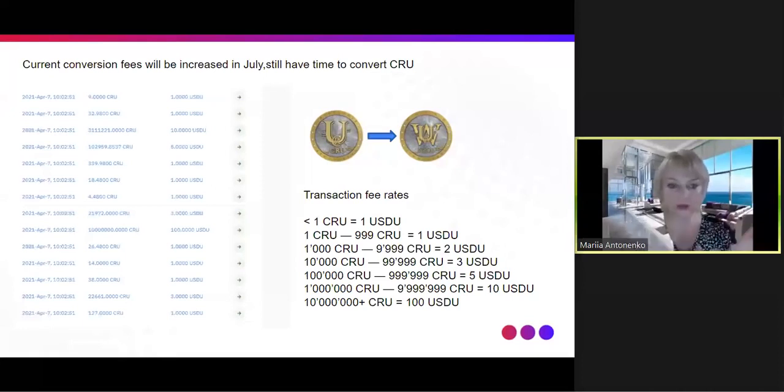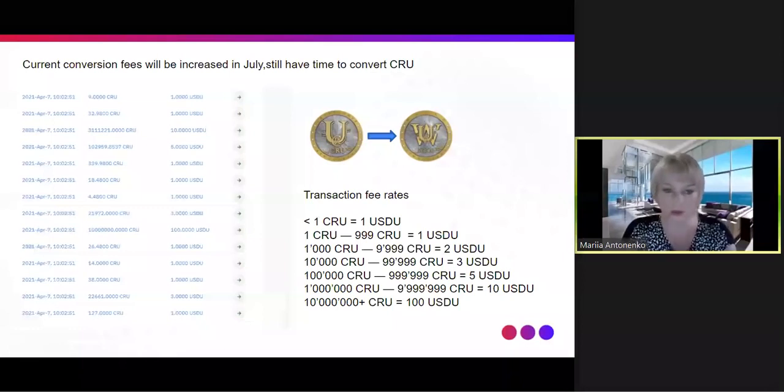But in this case, those CRUs are between heaven and earth, and you can't do anything with them. Instead of working for you and giving you income in the form of UNTBs, people are indecisive and don't know whether to pay for the conversion or not.